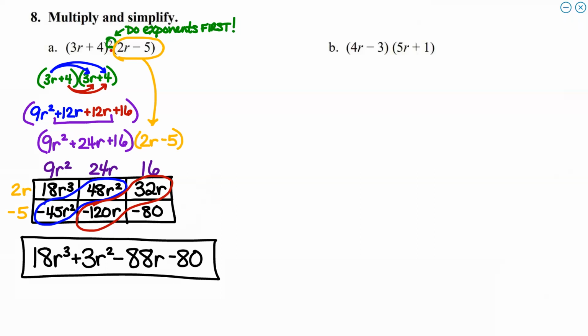So tell me what the first thing is that I'm going to multiply together. 4R times 5R, which gives me what? 20R squared. What's the second thing I'm multiplying? 4R times 1. Remember, the first part of my first binomial has to get distributed to everything in the second binomial before I can move on. So I have plus 4R.